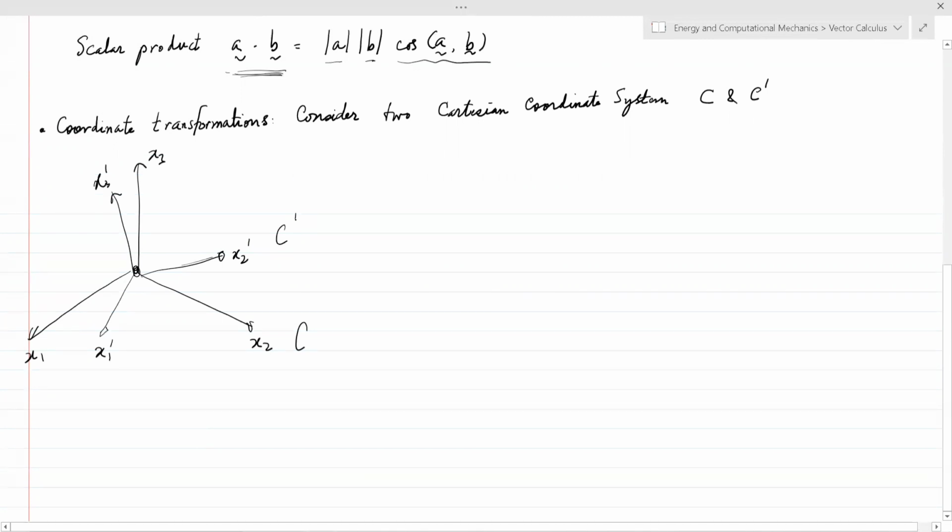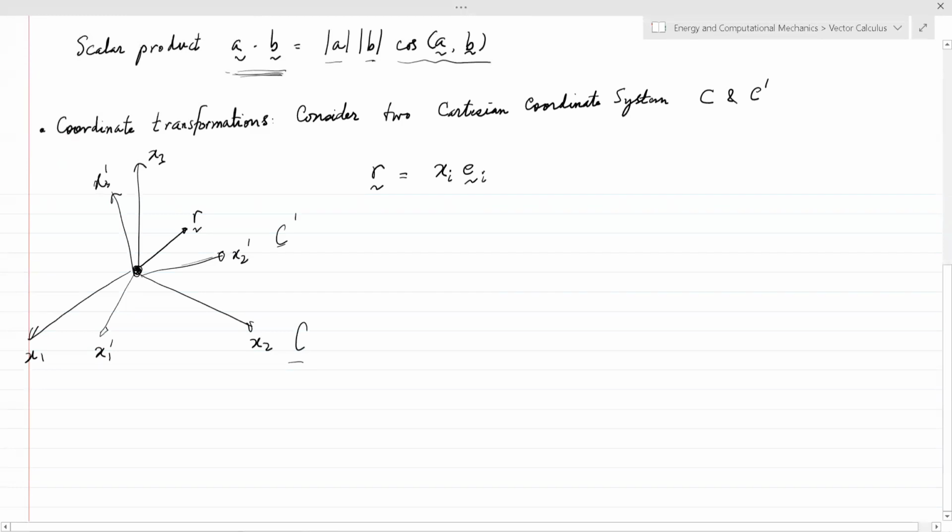And so I can now take a position vector r, and remember, position vector r can be represented either in the C coordinate system or C prime coordinate system, but the magnitude of that vector and the direction does not change. So in the first coordinate system, C, it is going to look like this, right?